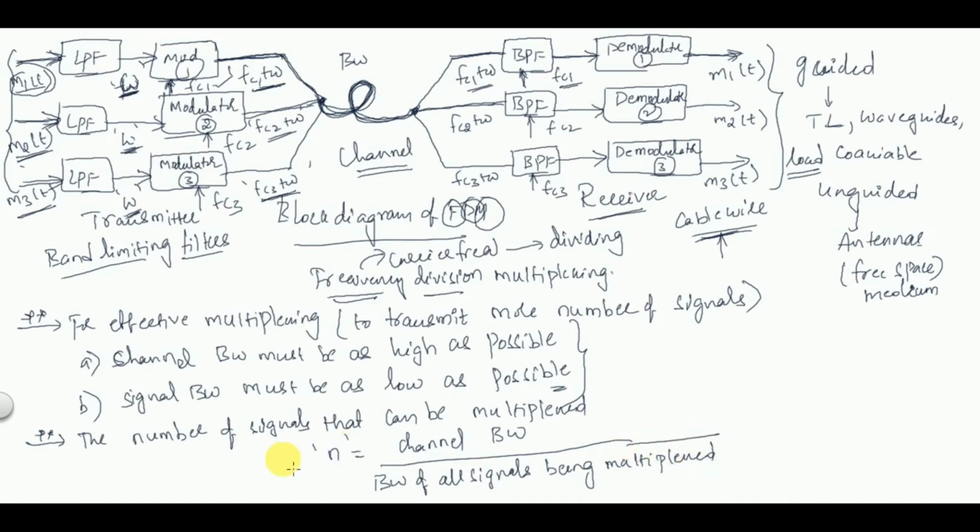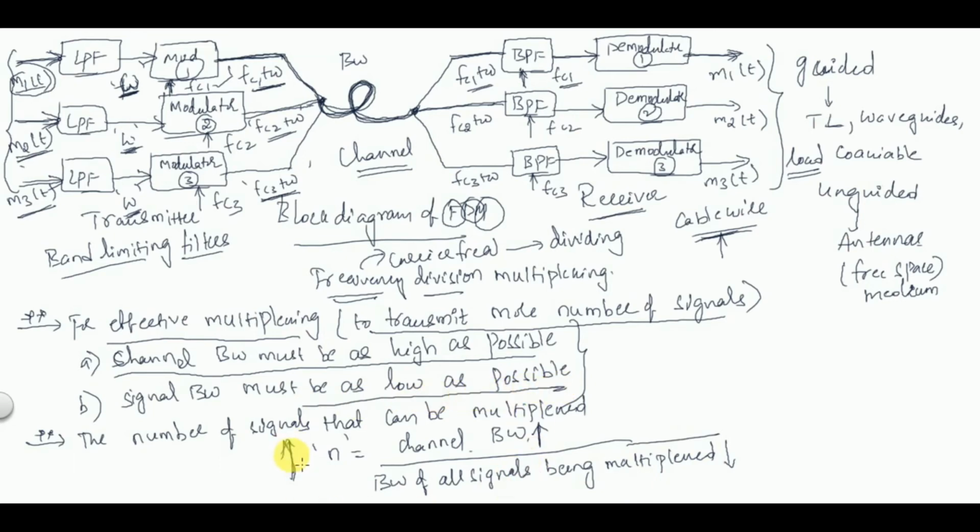So if n has to be more, that is, to transmit more number of signals, which implies effective multiplexing, the channel bandwidth must be as high as possible, because n is proportional to channel bandwidth. That is the first point I have written here. And the bandwidth of the signal is inversely proportional, so it must be as low as possible.